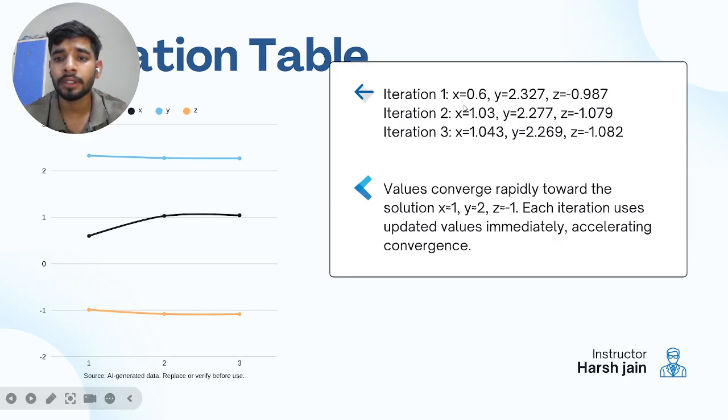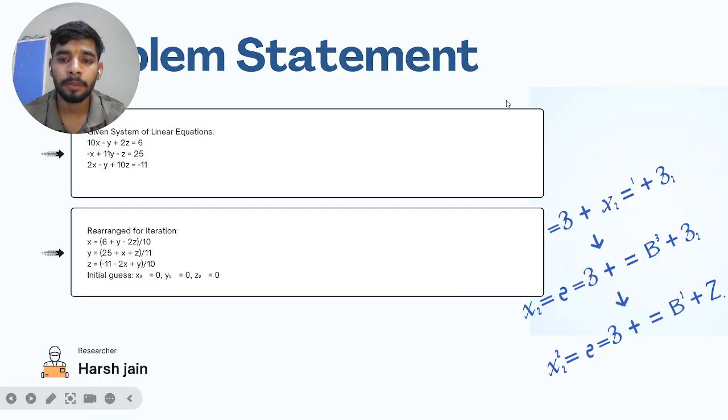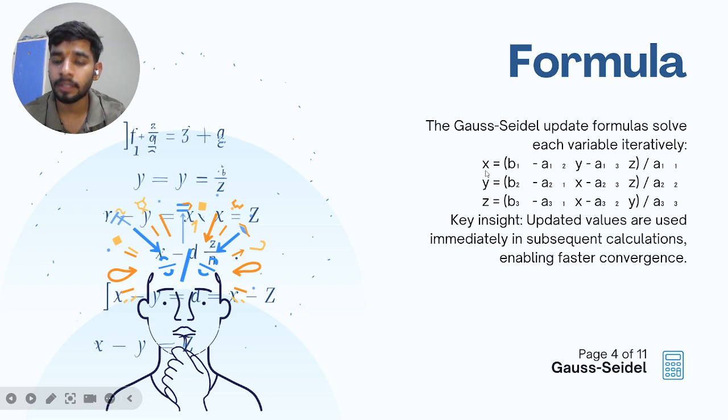In our first iteration, we get x equals 0.6, y equals 2.327, and z equals minus 0.987. These values are calculated using the updated values. As I have taught you before, we get the updated value of x, then put it here, with z equal to 0 as the previous guess.